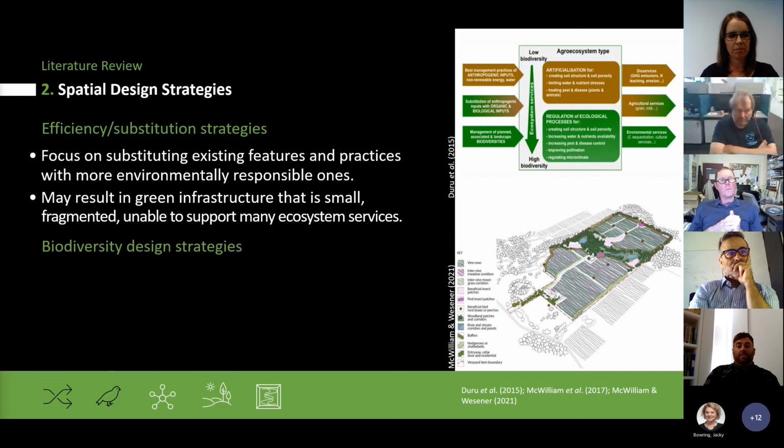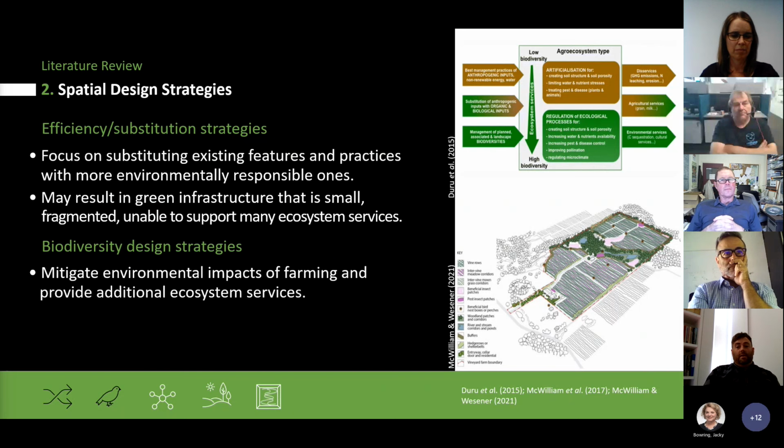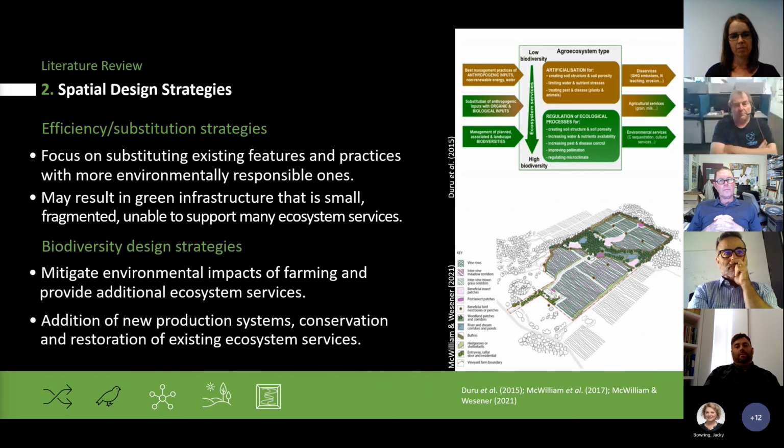Next were biodiversity design strategies. They aim to mitigate environmental impacts of farming and provide additional ecosystem services. And sometimes that includes the addition of new production systems, conservation, and restoration of existing ecosystem services.